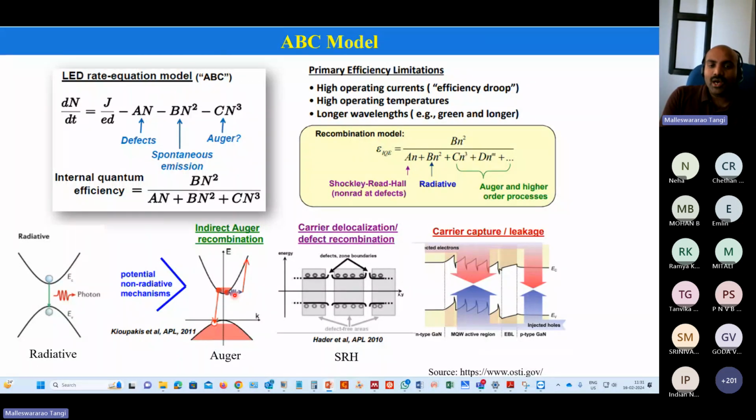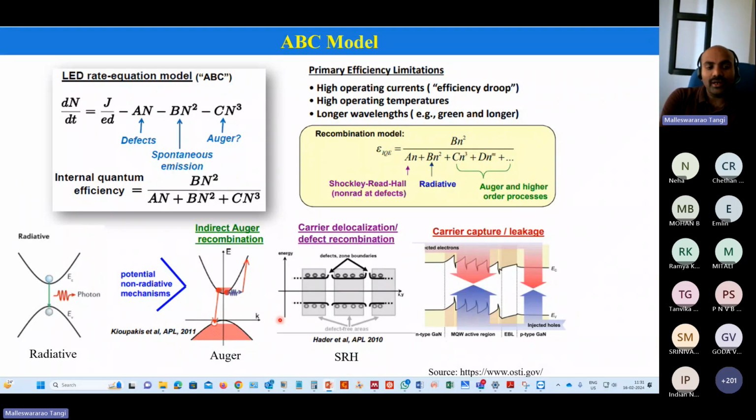When you have defect states like dislocations, point defects, or interstitials in the semiconductor crystal lattice, they introduce intergap states between the conduction band and valence band edge. If they are shallow levels, they may emit radiatively, but if they are deeper levels, they will recombine non-radiatively, and that is not useful for good optoelectronic devices.